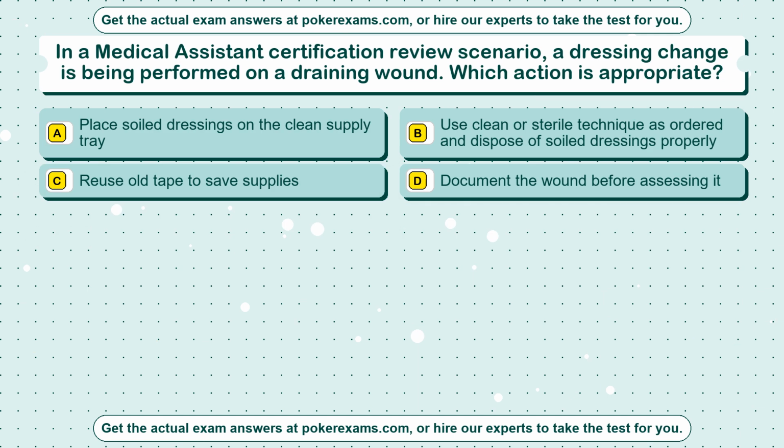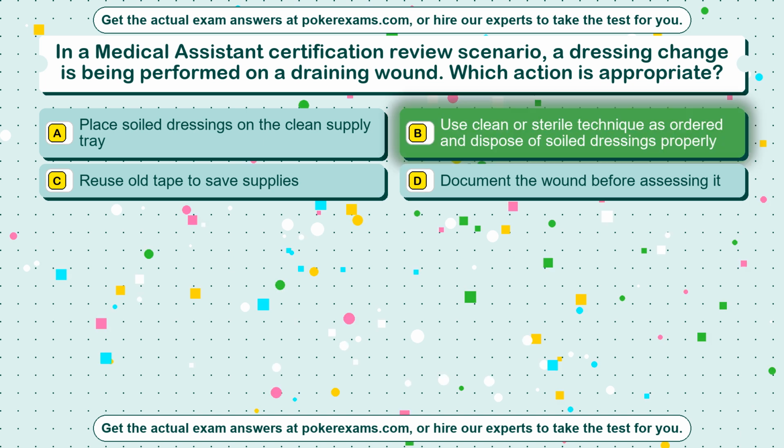Question 97. In a medical assistant certification review scenario, a dressing change is being performed on a draining wound. Which action is appropriate? Option A. Place soiled dressings on the clean supply tray. Option B. Use clean or sterile technique as ordered and dispose of soiled dressings properly. Option C. Reuse old tape to save supplies. Option D. Document the wound before assessing it.